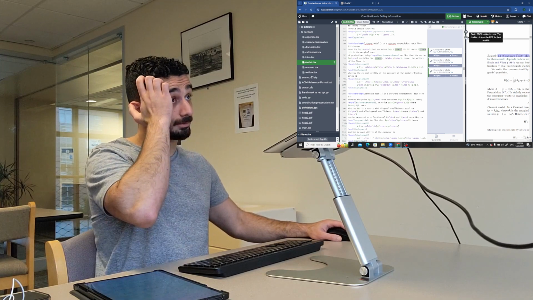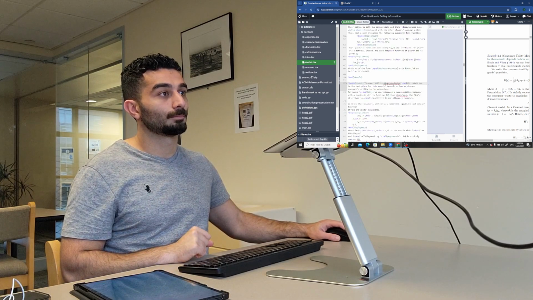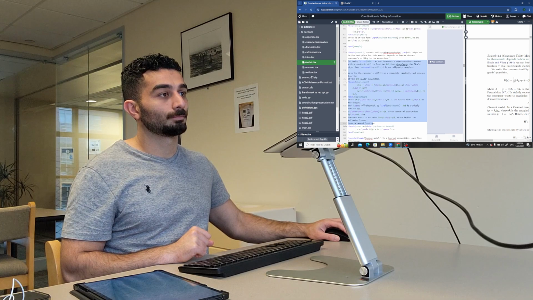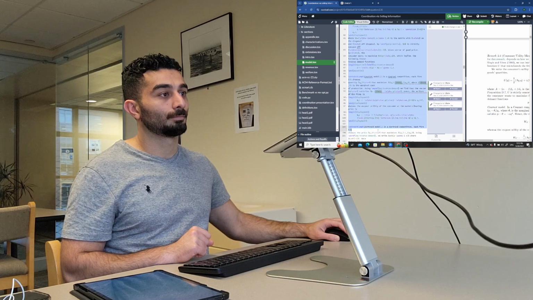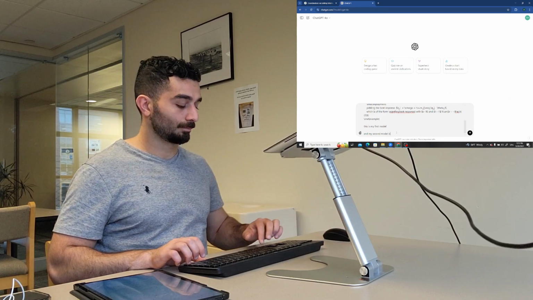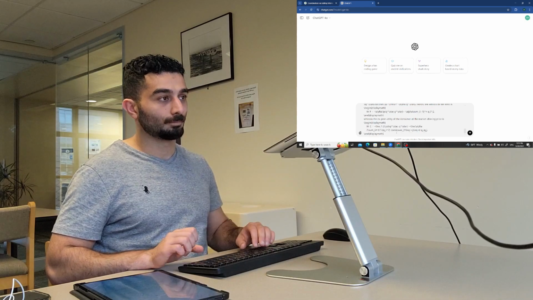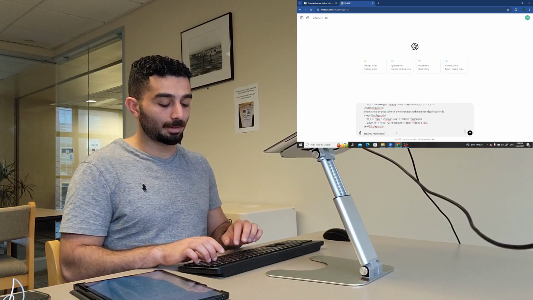I cannot see it. Can you match the parameters?